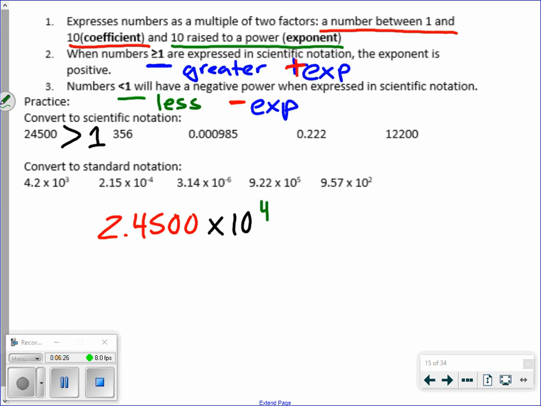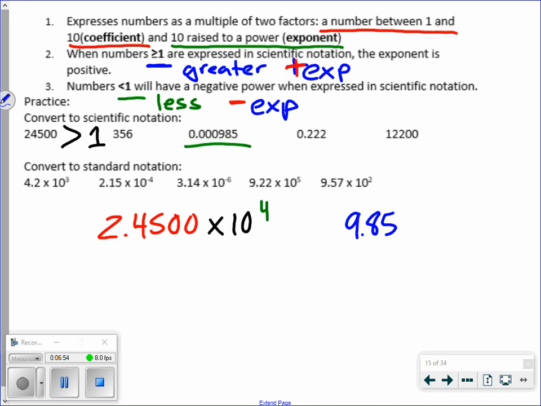Alright, let's do one more up here and then we'll go convert to standard. Standard means no times 10. So let's do this one: 0.00985. Kylie, where do you want to put the decimal? After the 9. So 9.85, there are no zeros after that.